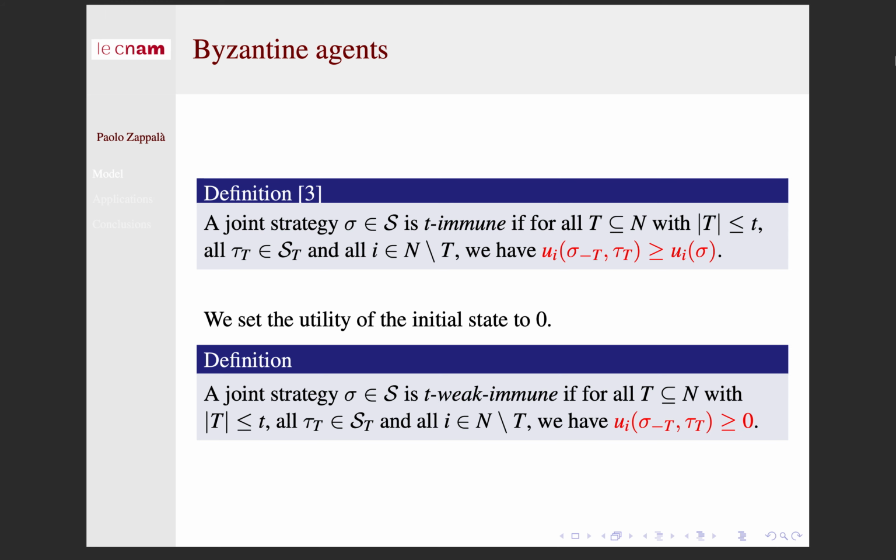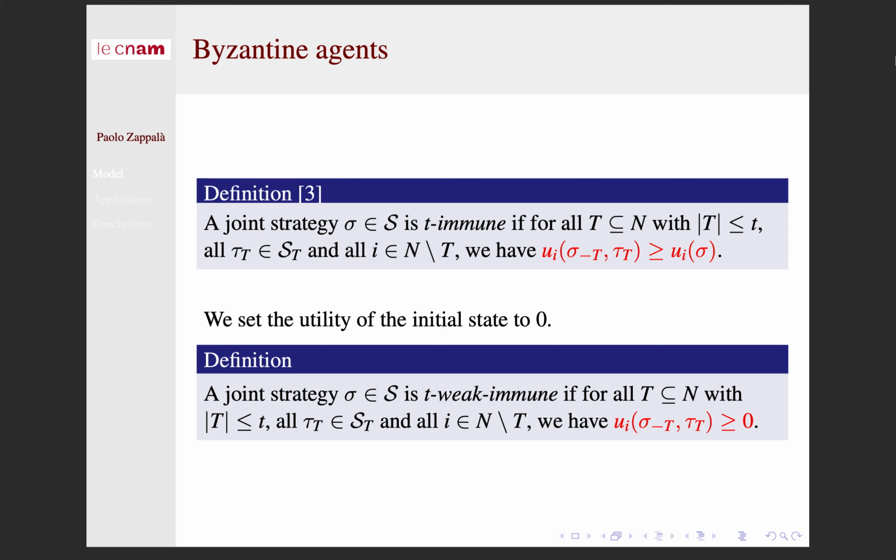And secondly, we analyze the Byzantine agents, and there is a property in literature called T-immunity that says that the protocol provides the very same outcome no matter what a subset of T players does.